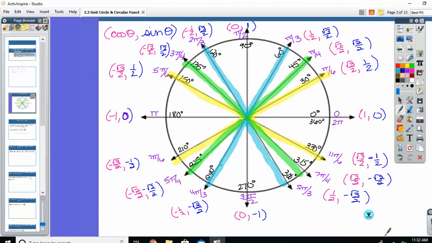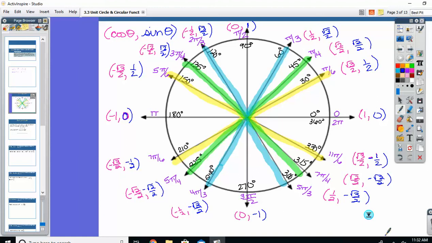What I would recommend learning this Friday when I'm not here, if you get done with your homework and you have some extra time, is to draw yourself a circle and practice this. When it comes time to the test, for this test next Thursday, I will ask questions about the circle.